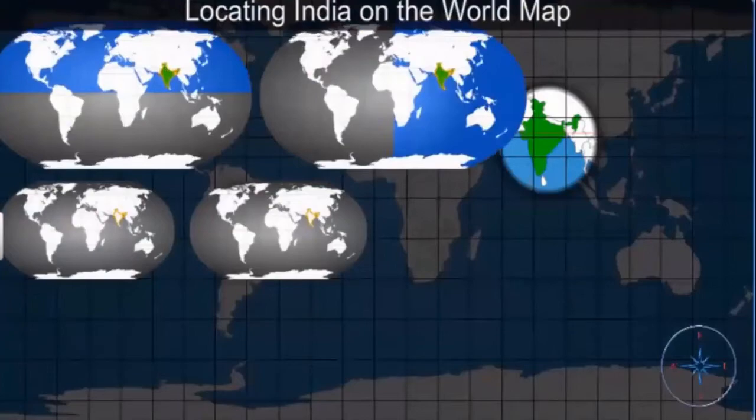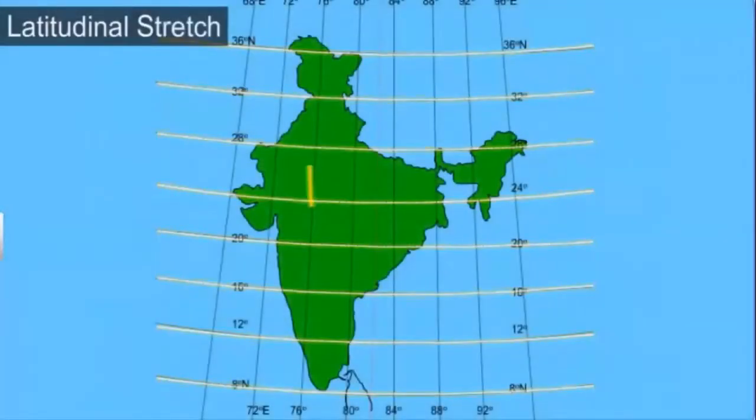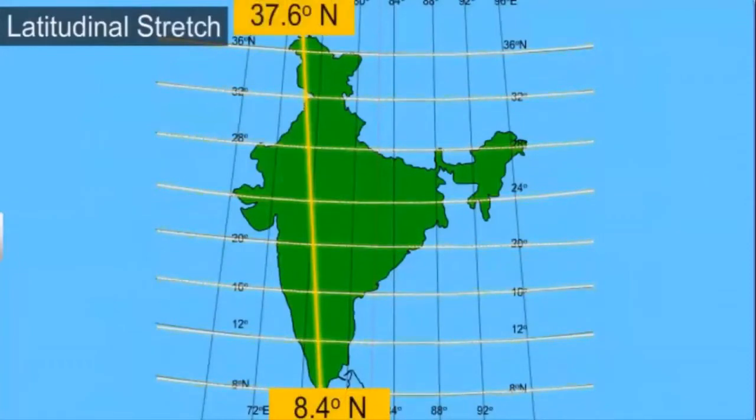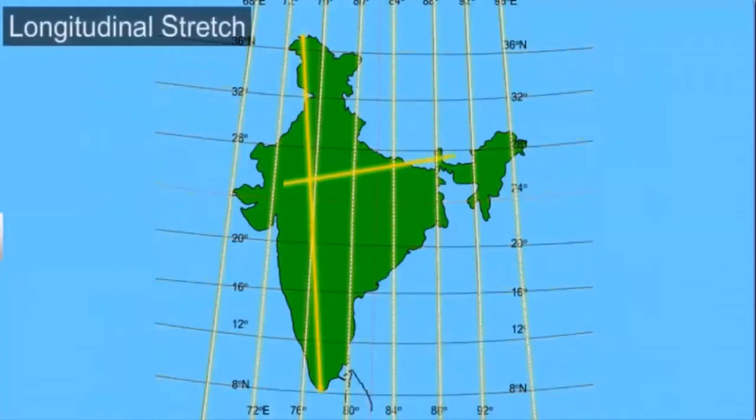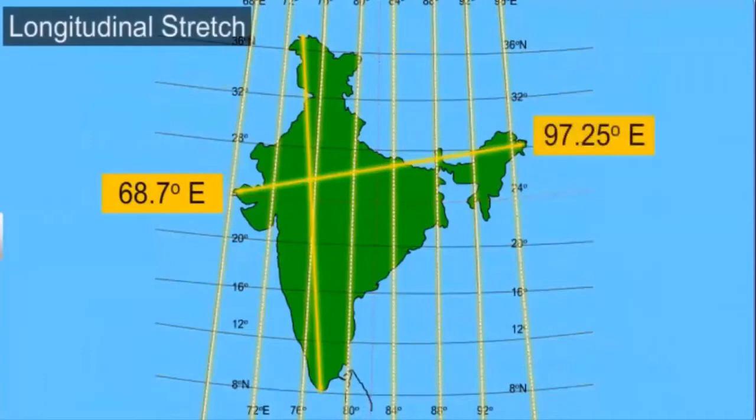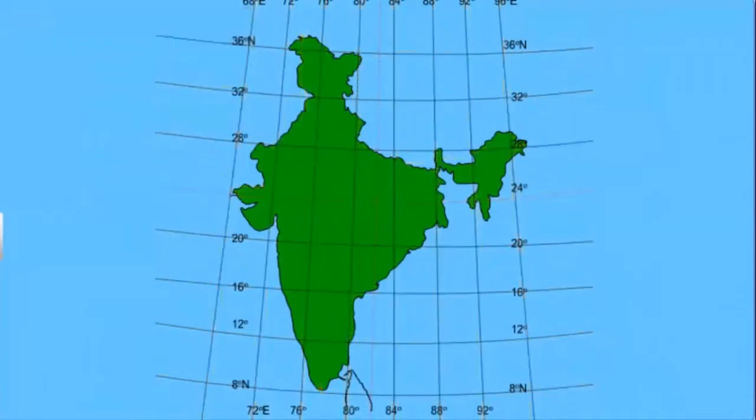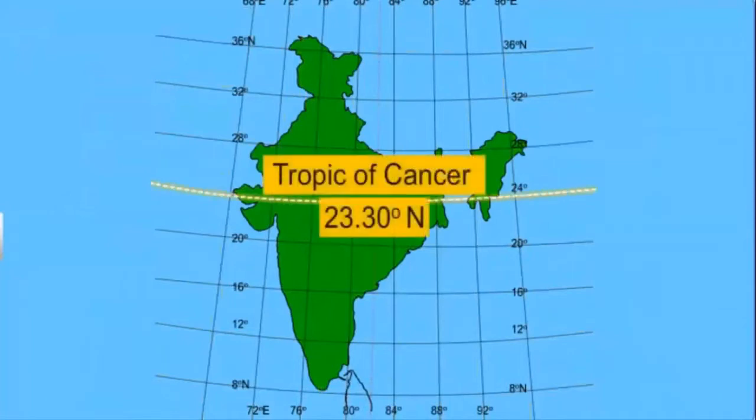India's latitudinal stretch is between 8.4 degrees north and 37.6 degrees north, and the longitudinal stretch is between 68.7 degrees east and 97.25 degrees east. A study of the map shows that the Tropic of Cancer at 23.30 degree north latitude cuts across the country, dividing it almost into 2 equal halves.